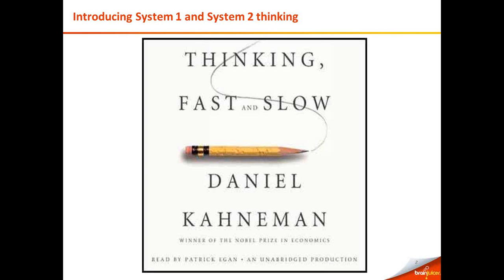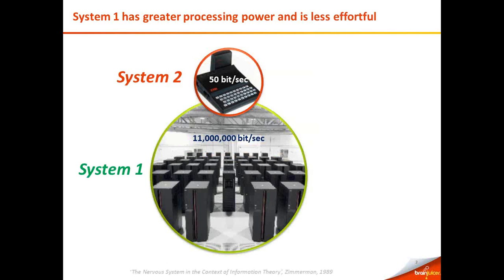Now, the interesting part about System 1 and System 2 is that traditional marketing strategy and consequently a lot of the market research tools for measuring marketing effectiveness have really emphasized System 2 over System 1. But the problem with that is that if you put it in a computing analogy, System 2 is able to process information at about 50 bytes a second.